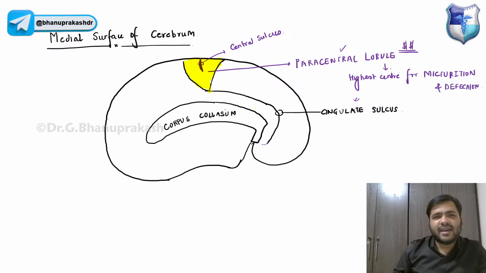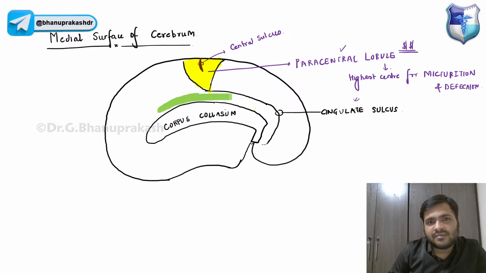Now the gyrus, guys, which I was highlighting earlier, this particular gyrus which you will see below the cingulate sulcus, guys. What will be the name of this gyrus? Yes, you already know, this gyrus which is below the cingulate sulcus, and it is running upward also, going backward.